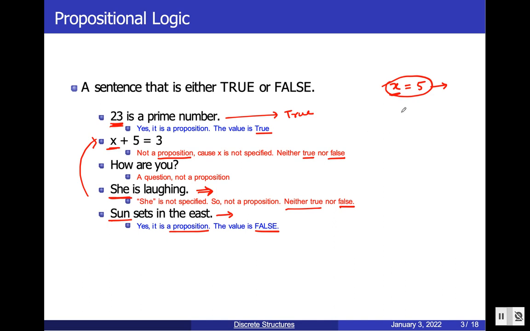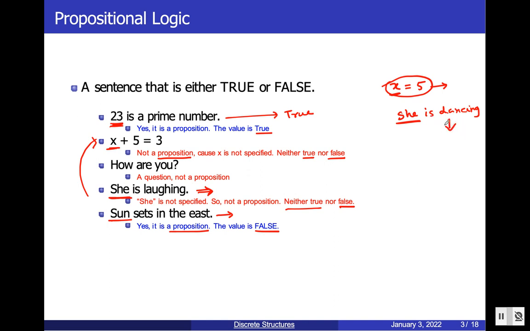All right, so same as here, if we do not know something about this sentence, then we cannot actually evaluate the sentence as true or false.